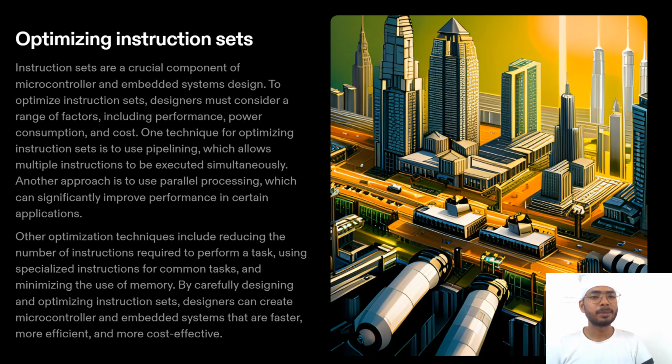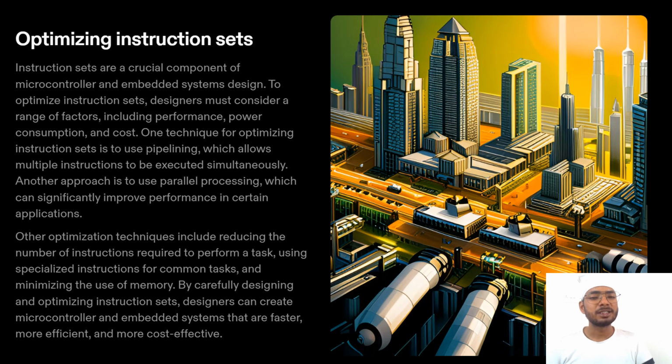Next, we have optimizing instruction set. Instruction sets are a crucial component of microcontroller and embedded system design. To optimize instruction sets, designers must consider a range of factors including performance, power consumption, and cost. One technique for optimizing instruction sets is pipelining, which allows multiple instructions to execute simultaneously.